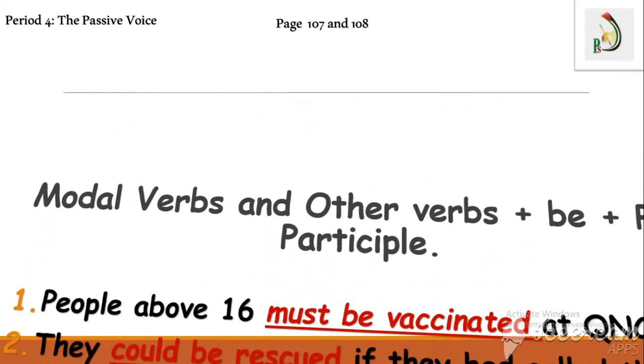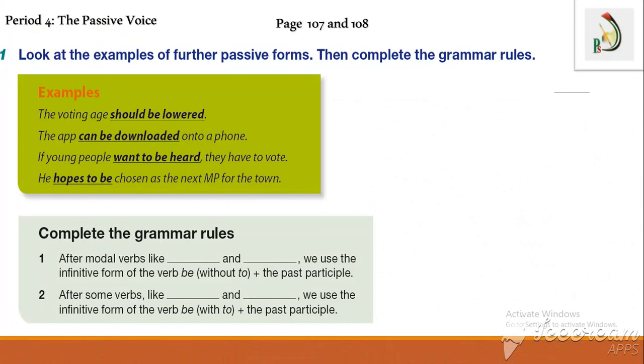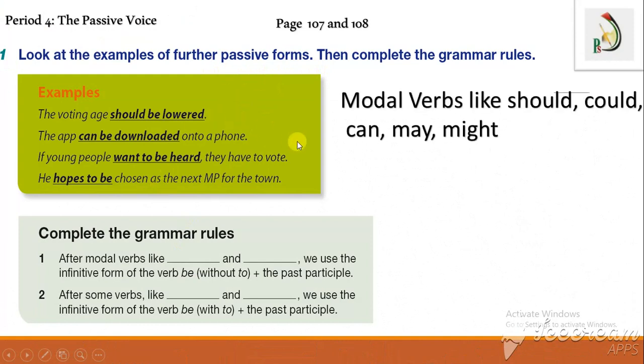Let's continue. See. Look at the examples of further passive forms and complete the grammar rules. Here they are giving us modal verbs like should, could, can, may, might. The voting age should be lowered.